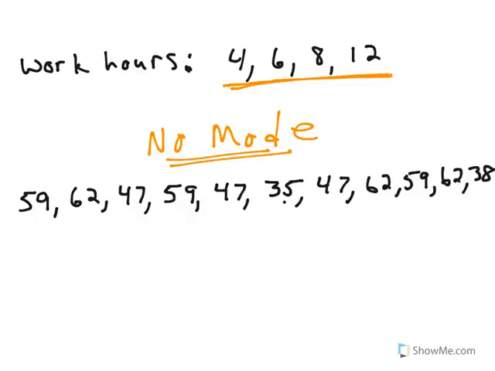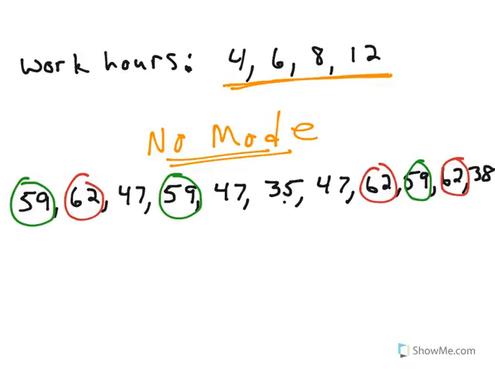Also, when you are talking about mode, if we have more than one number occurring the most often, we could have more than one mode. For example, in here there's 1, 2, 3 number 59s, and we have 1, 2, 3 62s, and we have 1, 2, 3 47s.